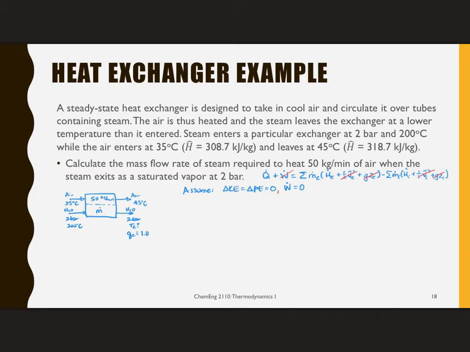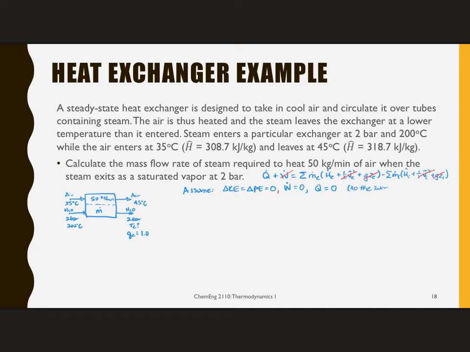But if my purpose for this device is to have all of the heat go from the water to the air, I really would rather not have it leave and go to the surroundings, correct? So therefore, the heat transfer to the surroundings is going to be 0.